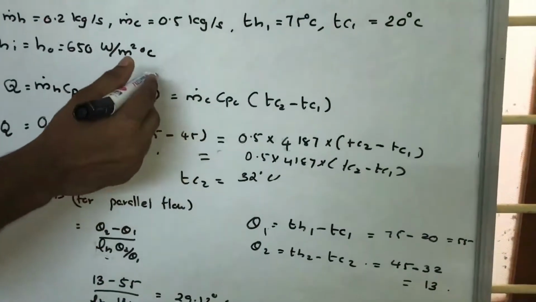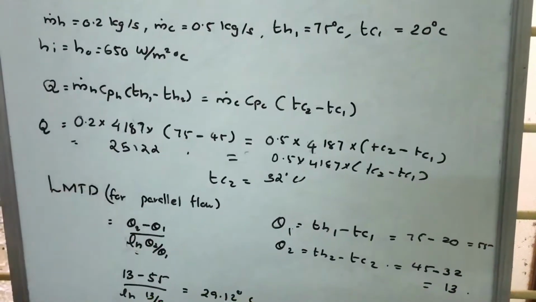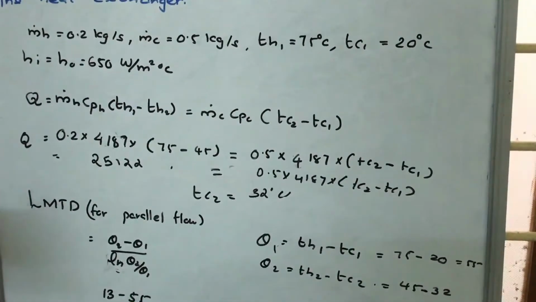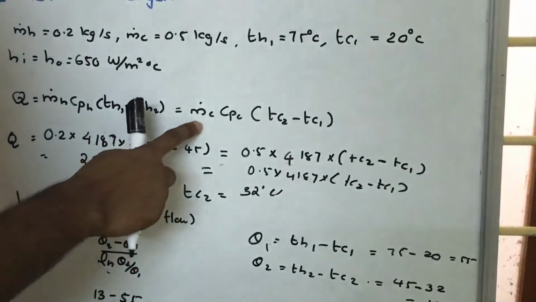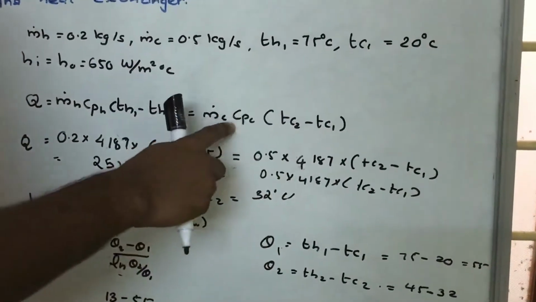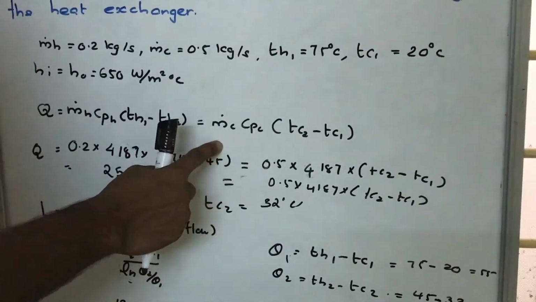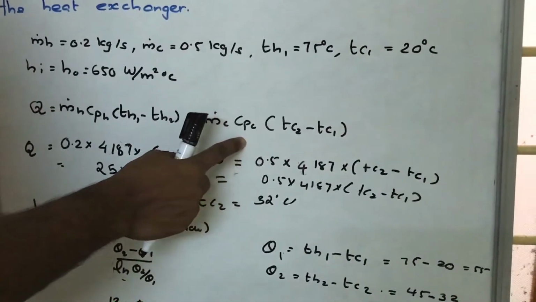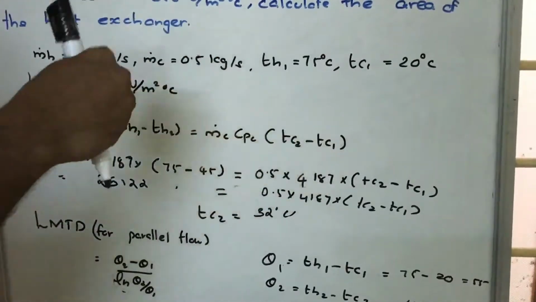This Q is the heat liberated because of the temperature change of the hot water, and that heat liberated will be absorbed by the cold water. For cold water the heat absorbed is equal to m into c into delta T, so m dot c for the cold water, with cp, the specific heat capacity, being 4187 because in both cases it is water.